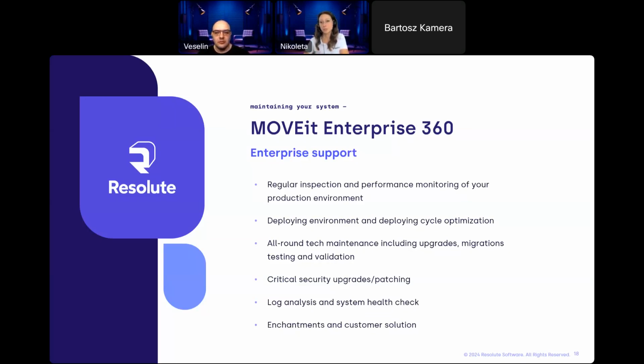So we decided to shape it in the form of annual maintenance. MOVEit Enterprise 360 gives you access to all the expertise that we gathered here at Resolute with our internal MOVEit team.